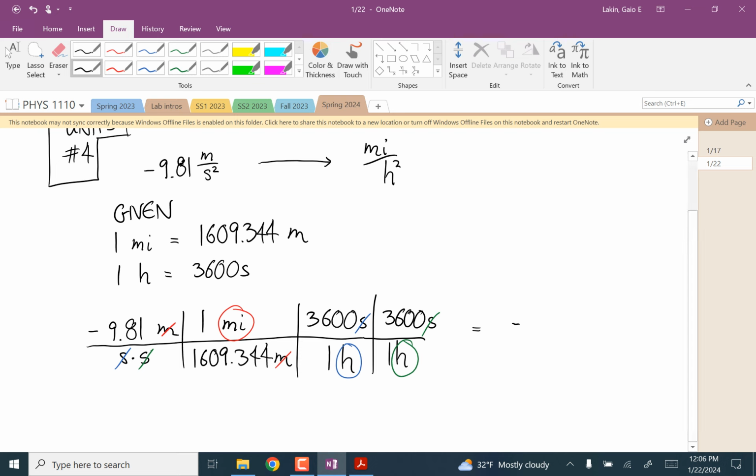So you get negative 78,999.6 miles per hour squared. Any questions about that?